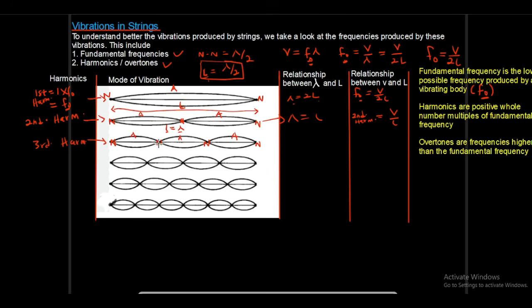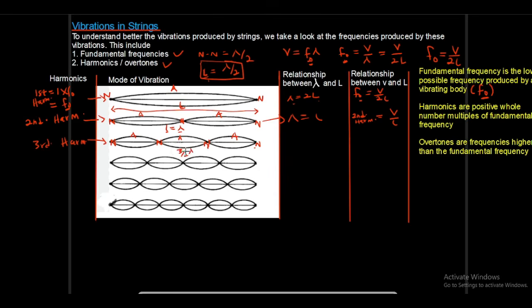Now, three consecutive nodes is one wavelength. From this point to this point is half wavelength. So in that case, we have one wavelength plus half wavelength, which is 1.5 wavelength. If we convert 1.5 from a mixed number to an improper fraction, we have 3 over 2.